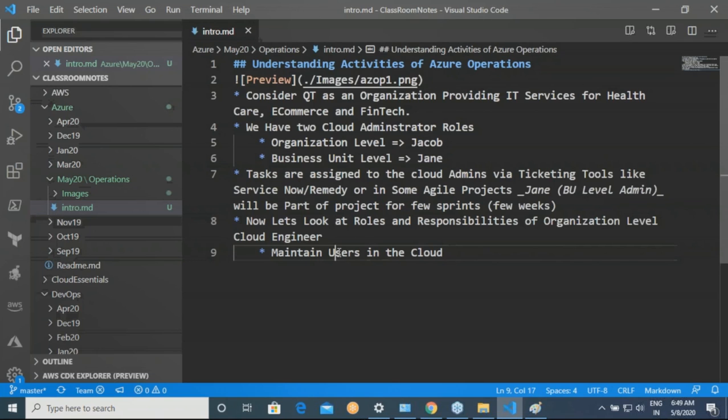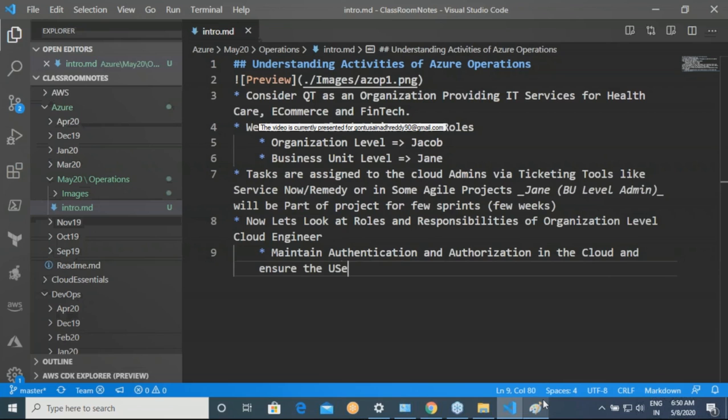I'll put it this way. Maintain authentication and authorization in the cloud and ensure the users are synced with corporate identity if required.